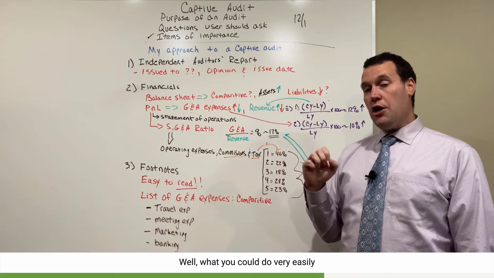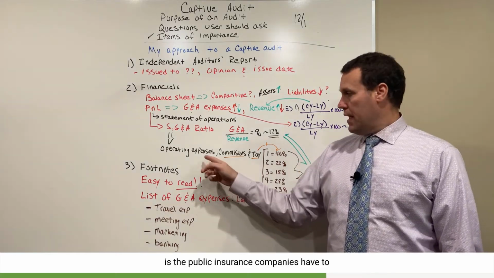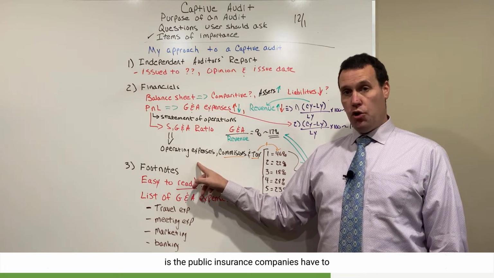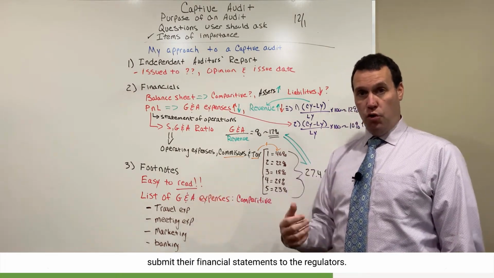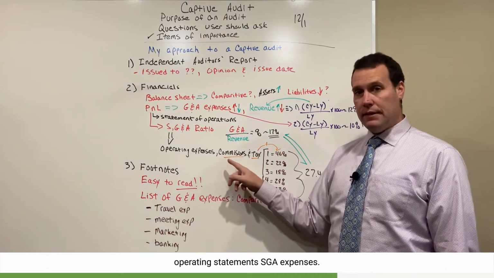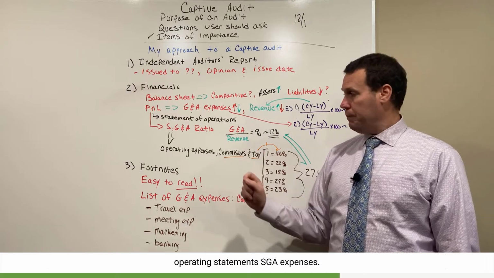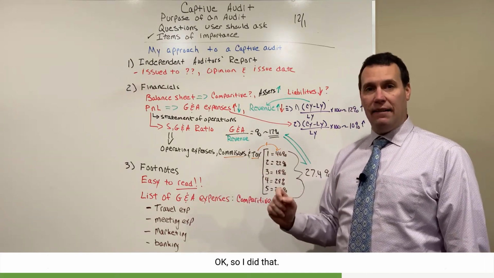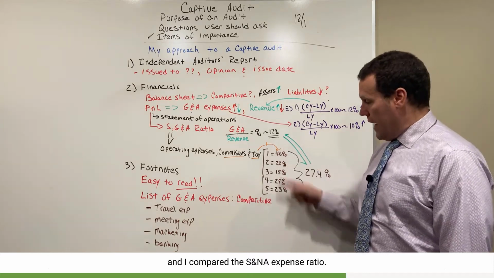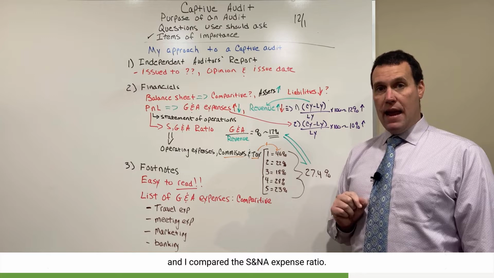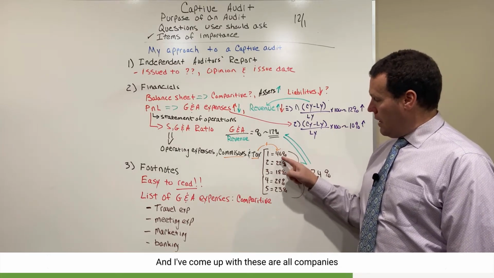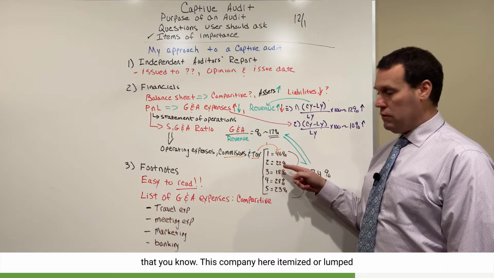What you could do very easily is this: public insurance companies have to submit their financial statements to the regulators. You can find SG&A expenses within the operating statements. So I did that. I compared 5 publicly traded insurance companies, and I compared the SG&A expense ratio. These are all companies that you know.